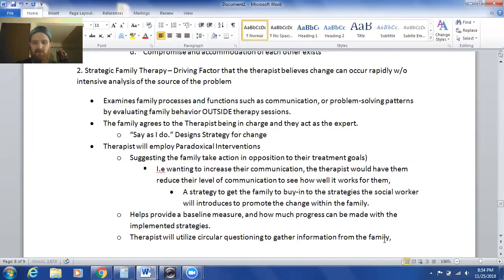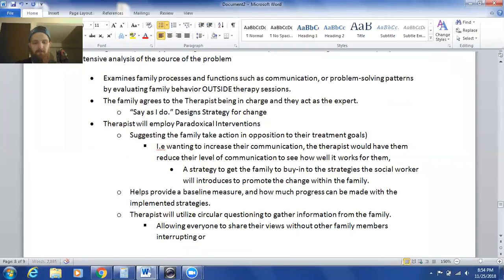So what does that actually look like? Like, what is circular questioning, you wonder? Well, here we go. It's allowing everyone to share their views without other family members interrupting or influencing their response.